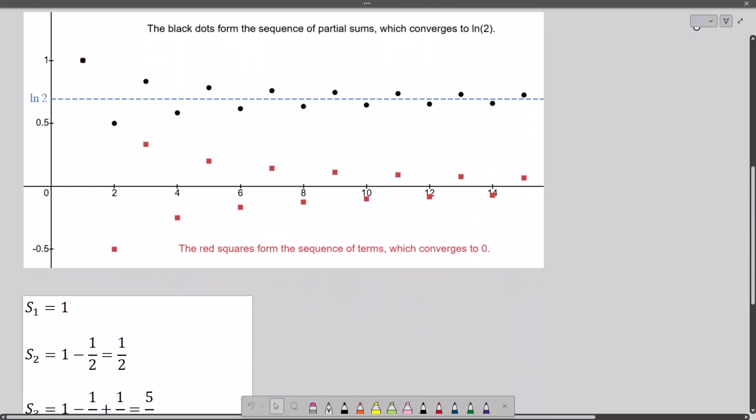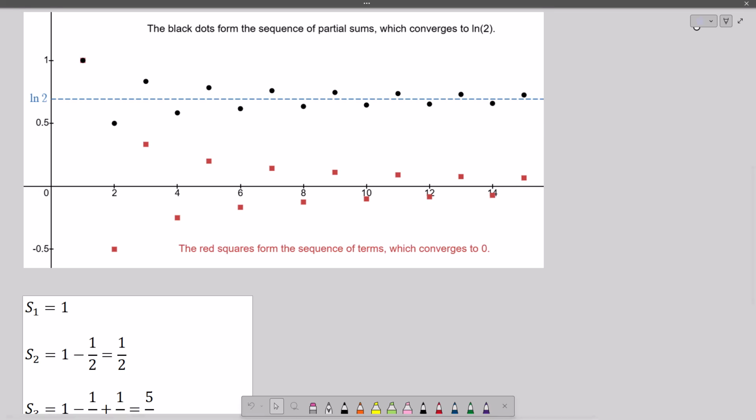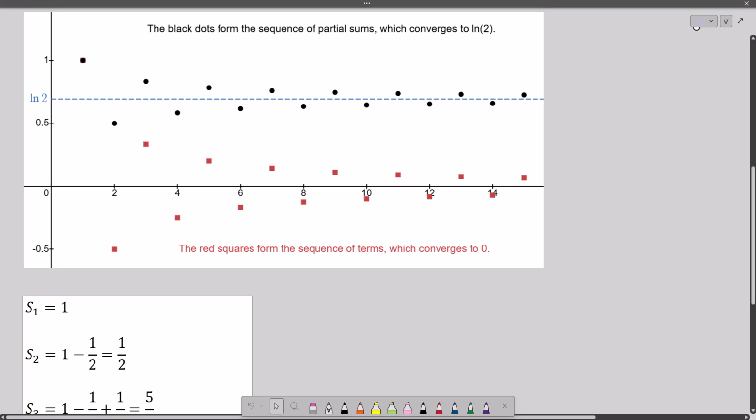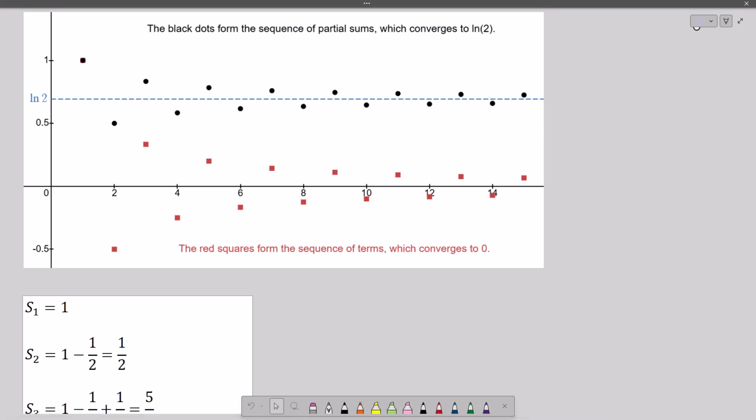The red squares are the terms. The first red square is up here at 1, and then minus a half, plus a third, minus a fourth, plus a fifth, minus a sixth. The terms of the series are going to 0, which they have to if it's going to have any chance of convergence. So the divergence test is inconclusive.